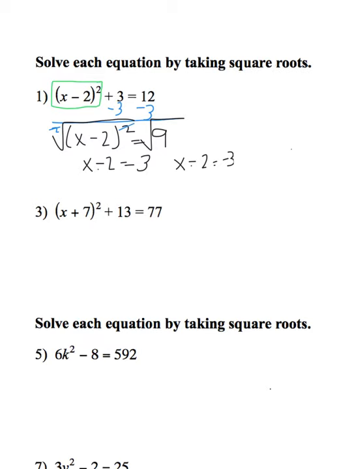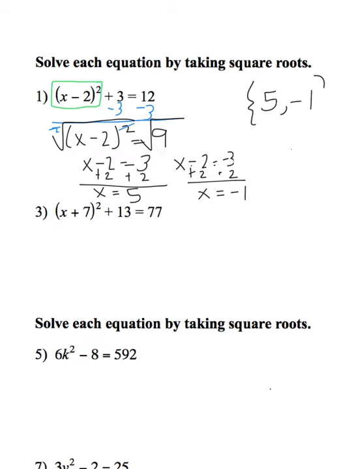We solve by adding 2 to both sides, and we get x equals 5. Add 2 to both sides here, and we get x equals negative 3 plus 2, which is negative 1. So if we wrote our solution in set notation, it'd be 5 comma negative 1.